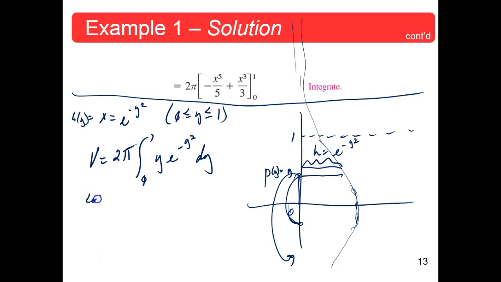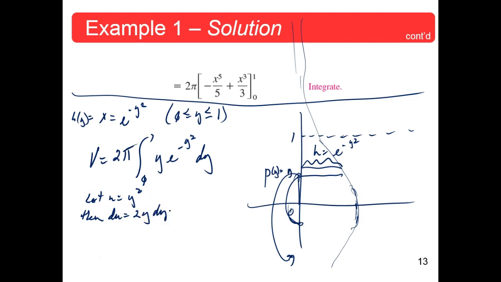So let u, is this how you did it, equal y squared. The next line was then, what was the next thing you did? du is equal to 2y dy, perfect.